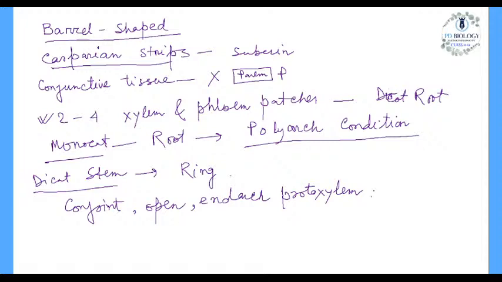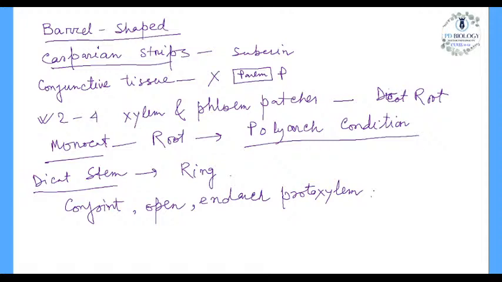In dicot stem, pith is the central portion of the stem, where a large number of rounded parenchymatous cells with large intercellular spaces are present. That is the important character of dicot.